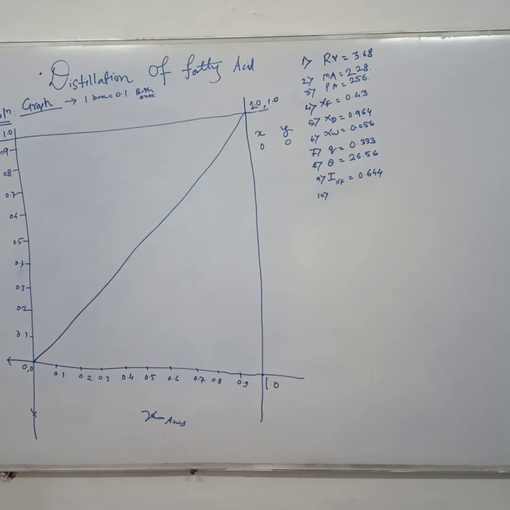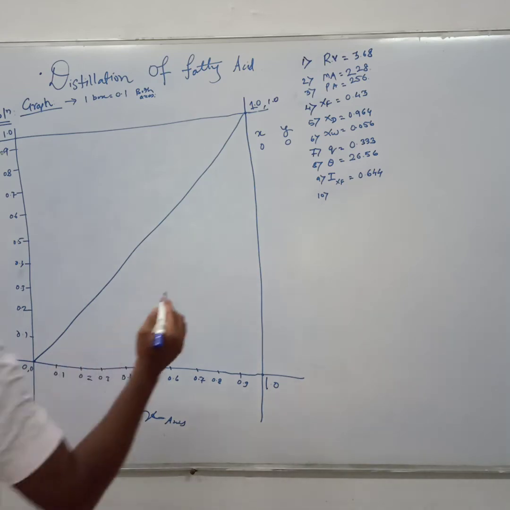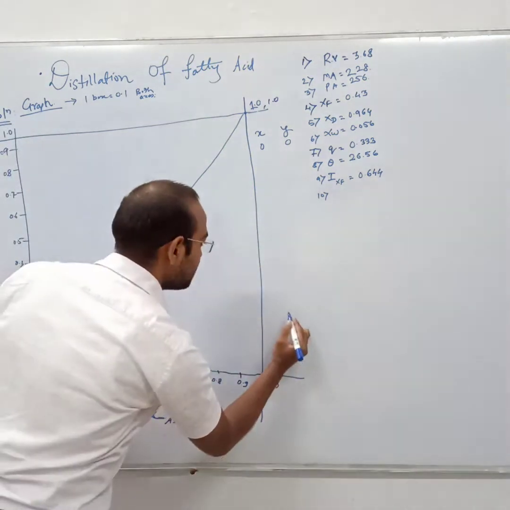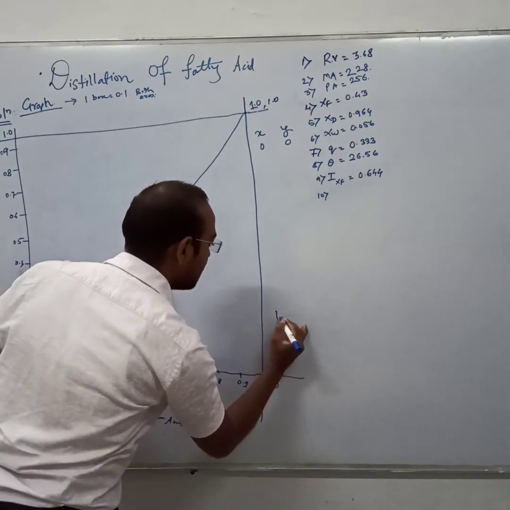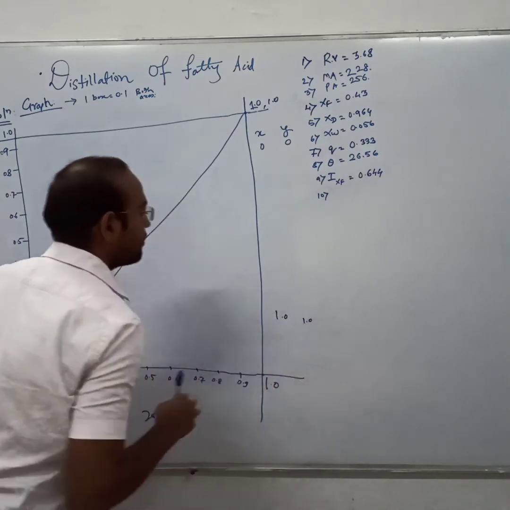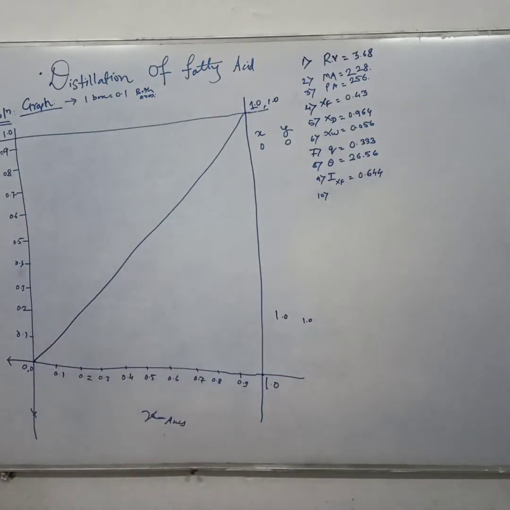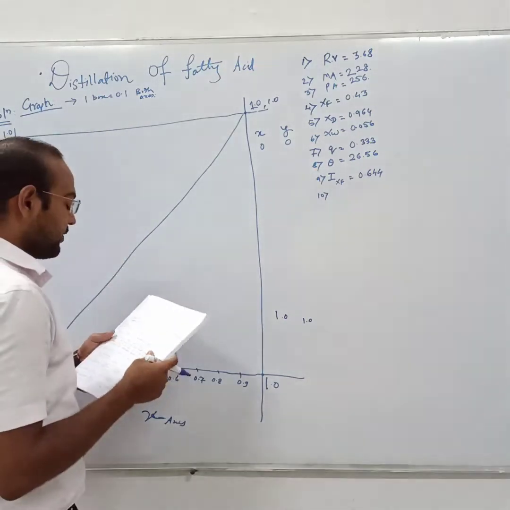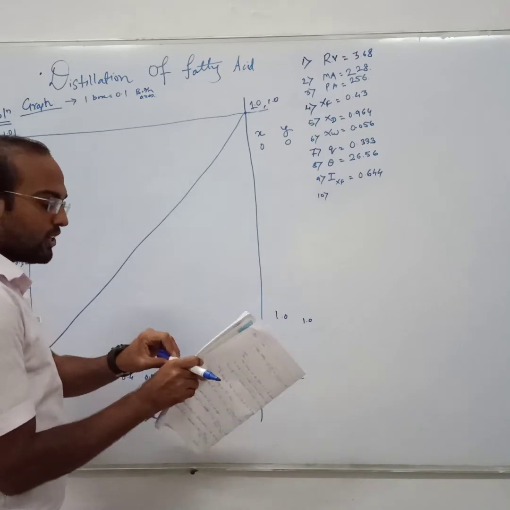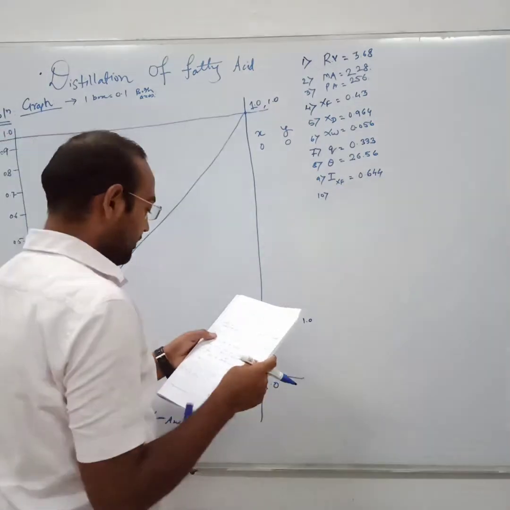So, what is our xy data? For x equals 0, y equals 0 initially, and finally for x equals 1, y is 1.0. In between that, we just calculate the xy data by using the same formula, y equals alpha x upon 1 plus alpha minus 1 into x.